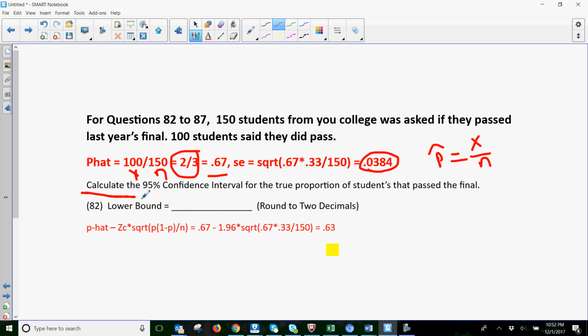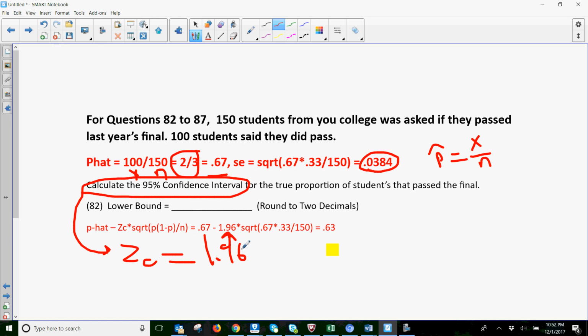Now it says calculate the 95% confidence interval. So 95% says that z sub c, or z critical, is going to be 1.96. You can see that right here. Basically, all these are the same layout.